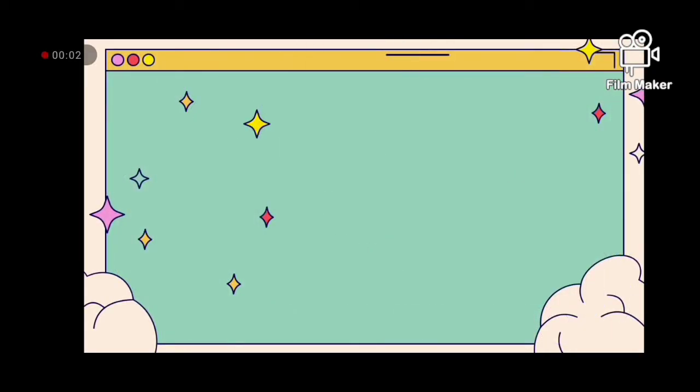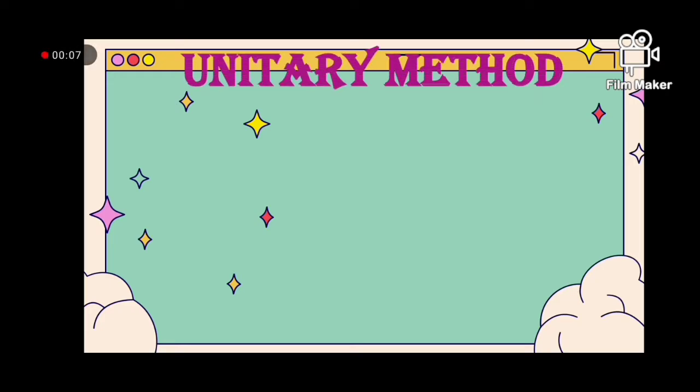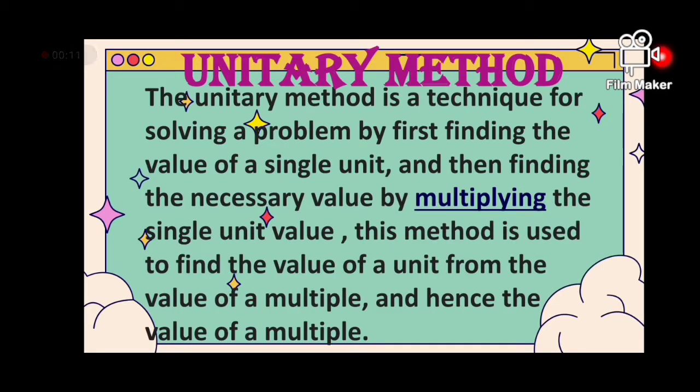My dear students, before starting this chapter, you should know what a unitary method is. The unitary method is a technique for solving a problem by first finding the value of a single unit. What does it mean? It means first we will find the value of a single unit from a multiple unit, and then find the necessary value by multiplying the single unit value.